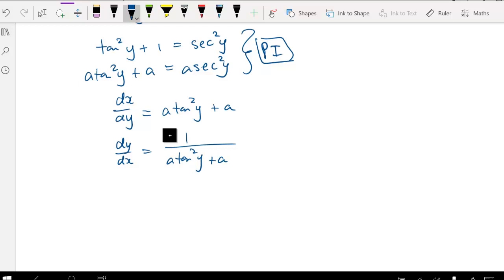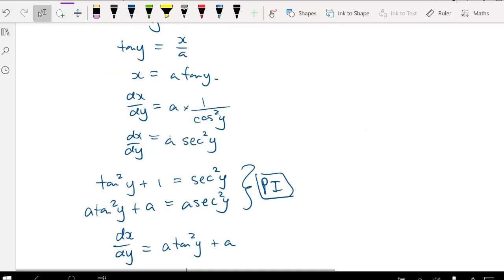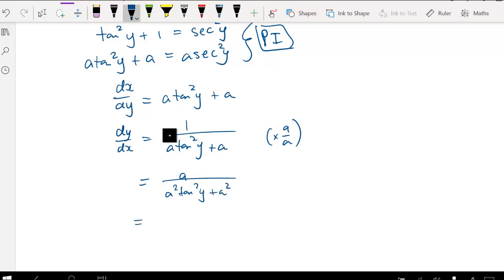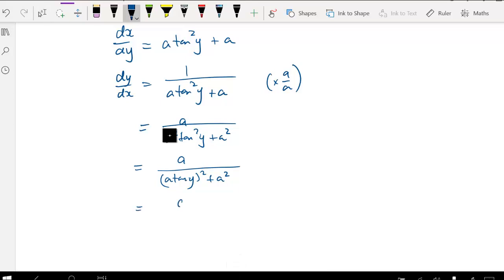Now we've got a slight problem. What we're looking for is being able to replace a tan y with x, but we've got a tan²y. So to solve this, we're going to multiply by a/a, so top and bottom by a. We've got a over a² tan²y + a². That means we have a over (a tan y)² + a², and a over x² + a² is our dy/dx.